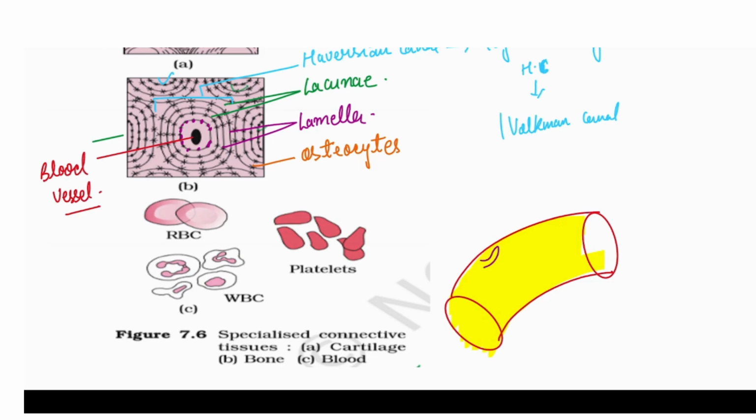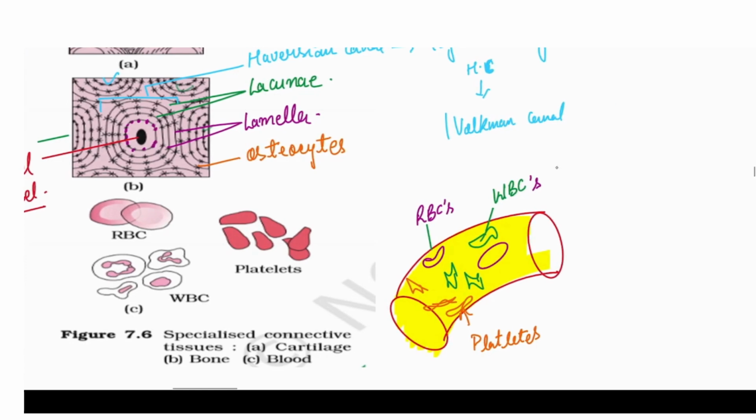So we will have the RBCs in it, the WBCs, and the platelets also. So we have everything here: platelets, WBCs, and RBCs.